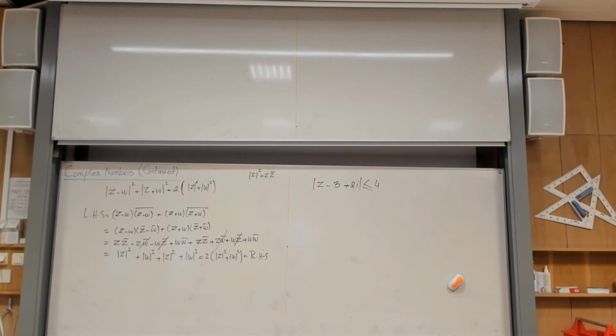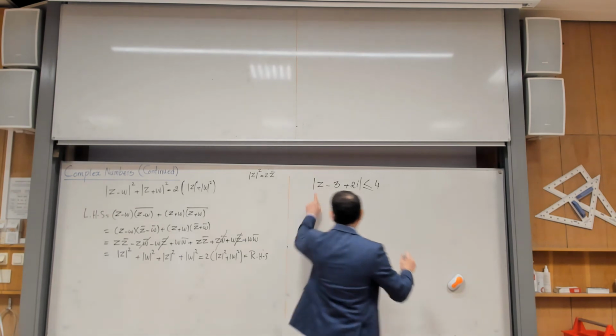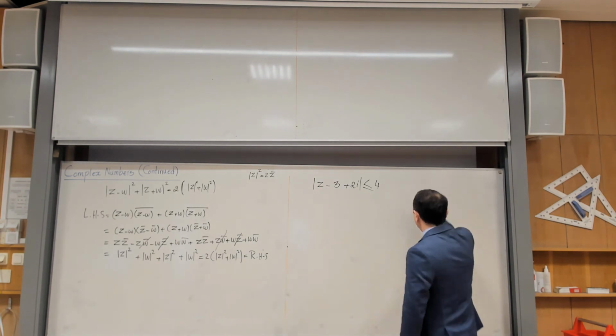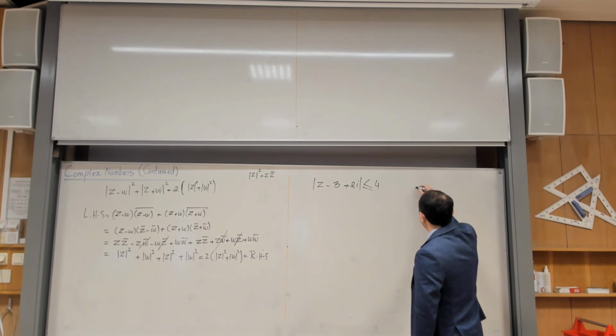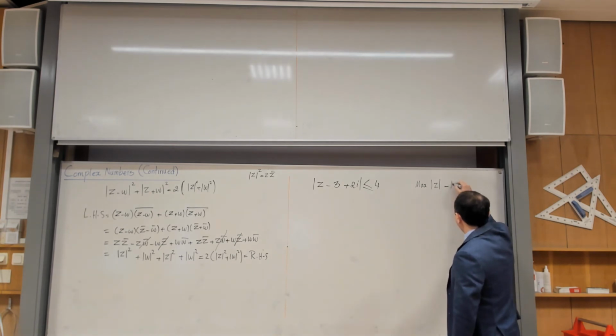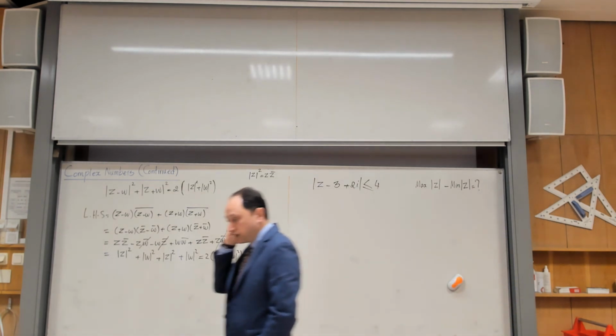And then you are supposed to find the difference between these two things. If z is any number that satisfies this inequality, you are supposed to find the maximum of the absolute value of z minus the minimum of the absolute value of z. So this is what we are supposed to calculate.